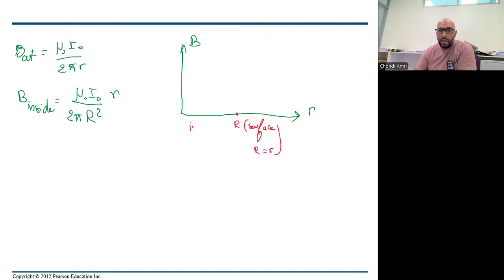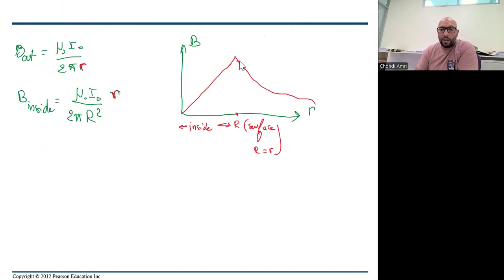As long as we are inside, the magnetic field is increasing with the increase of the distance r, so it varies as a linear function. As we go away from the conductor, we vary as a function of 1 over r, so it's inversely proportional to r.